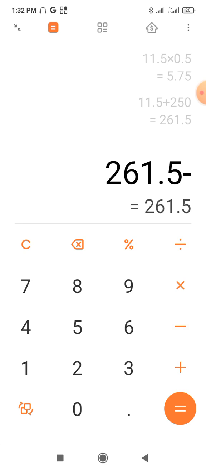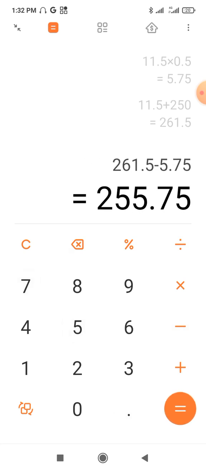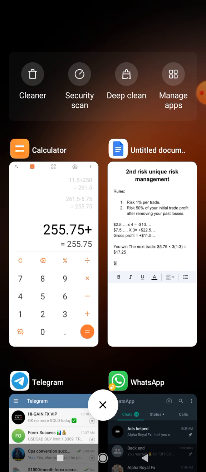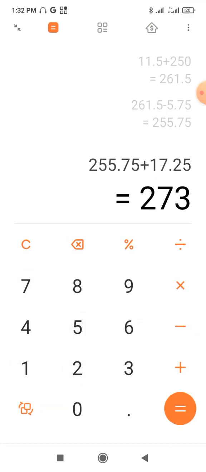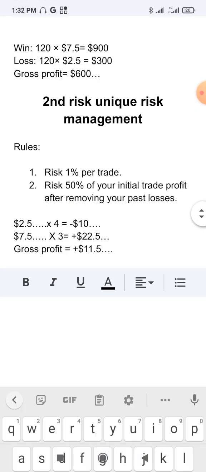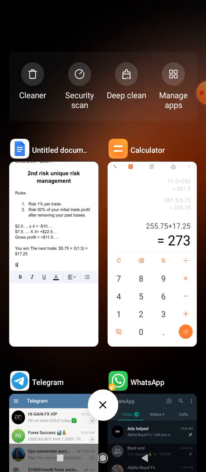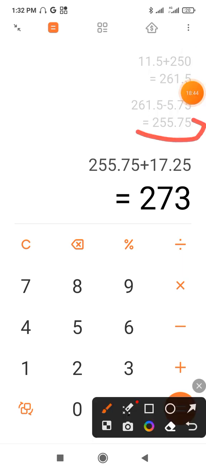So minus 5.75, the account would have been on 255, right? So 255 plus this that we gain, 17.25. So at this point your account is on $273, right? But if you lose that trade, your account will be on $255.75 right here. Let me show you.